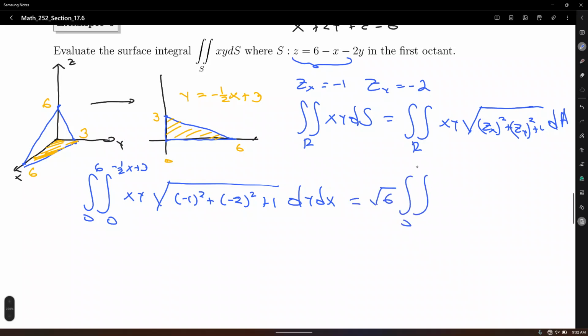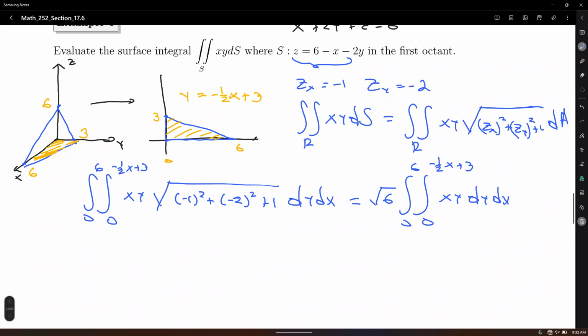Double integral from 0 to 6 and from 0 to negative 1/2 x plus 3 of xy dy dx. And I really don't want to spend the whole lecture evaluating this double integral. The hardest part of a double or a triple integral is the setup, right? That's what you want to pay more attention to.